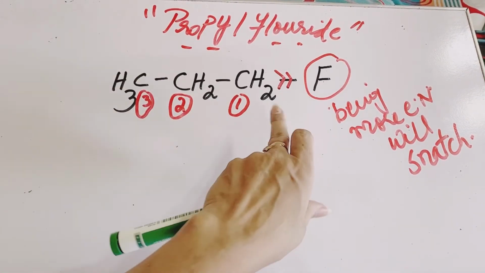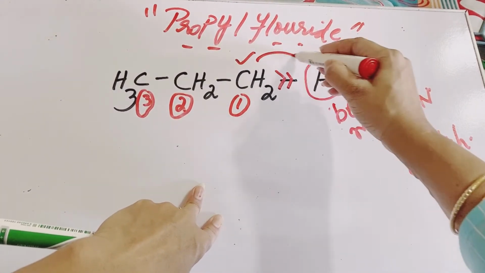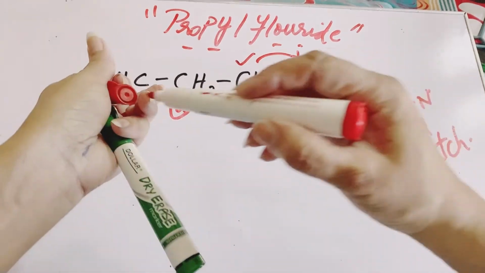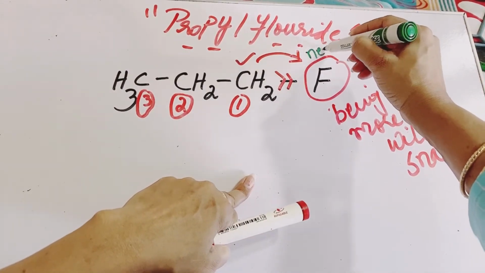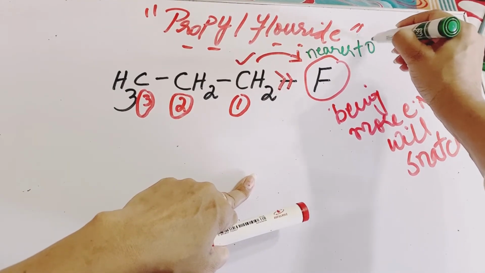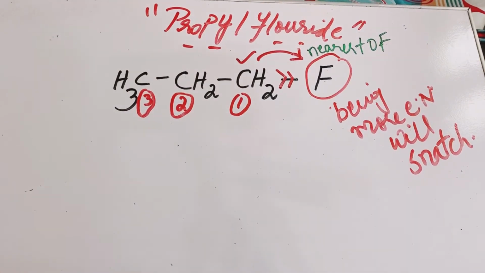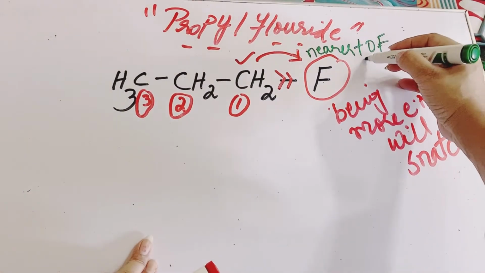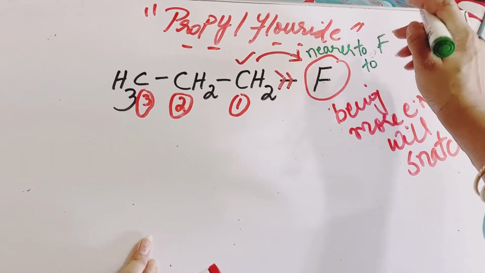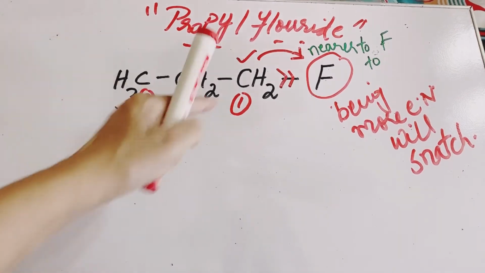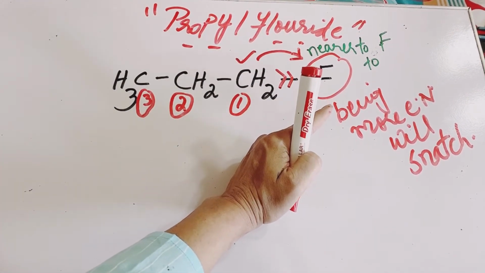But this carbon number 1, being nearest to F, will be affected the most, right? And what will happen?